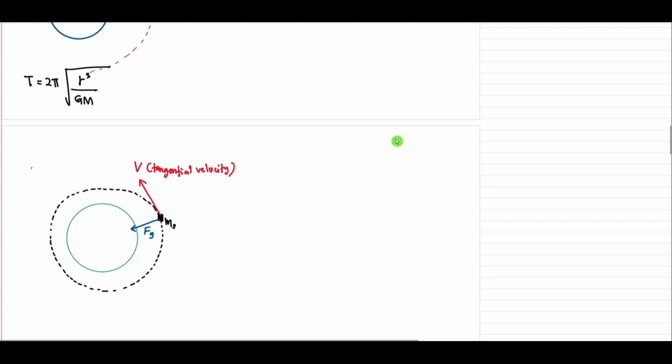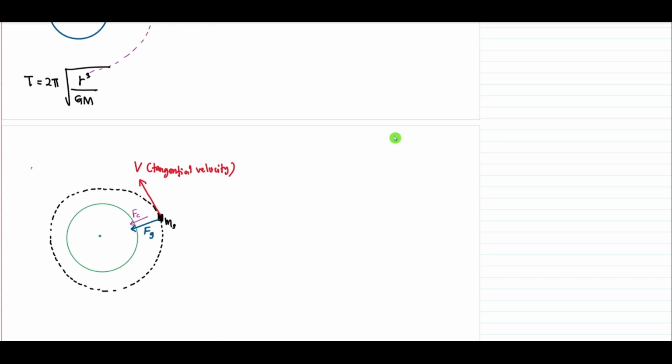And gravitational force inilah yang akan provide centripetal force to the satellite, so the satellite can move in circular motion ataupun circular path. So this is the center and we have centripetal force towards the center, sebab satellite ini bergerak dalam bulatan kan.